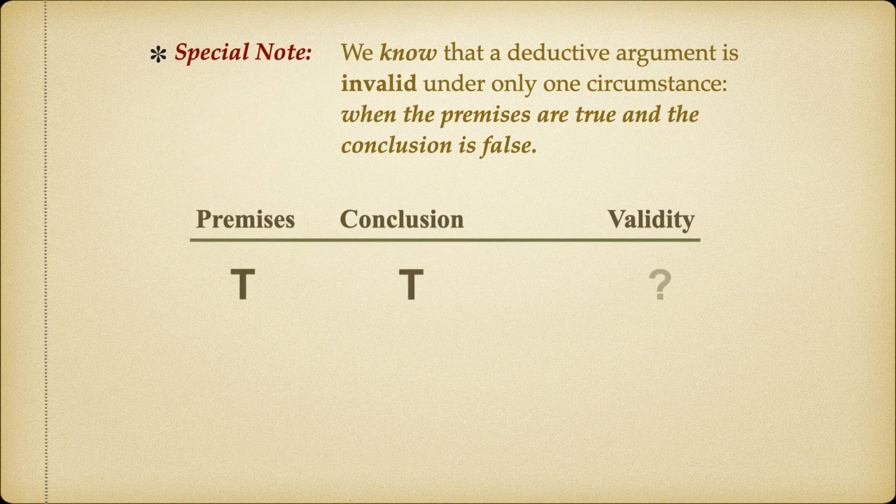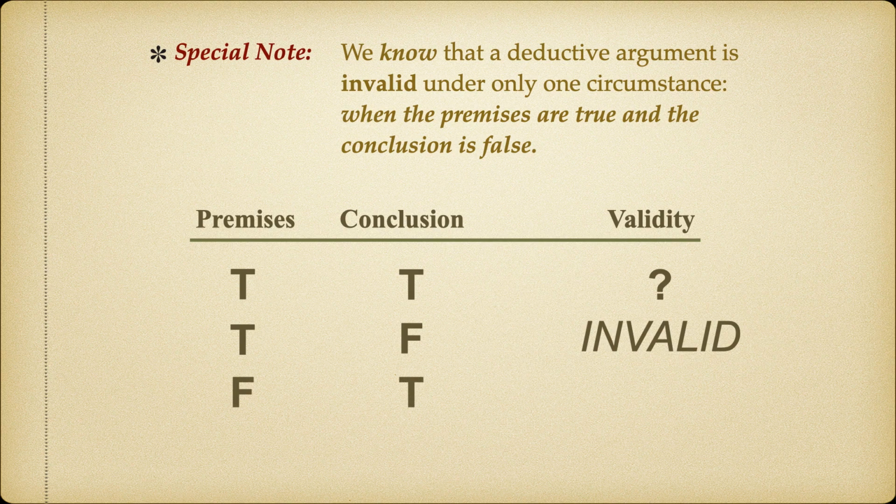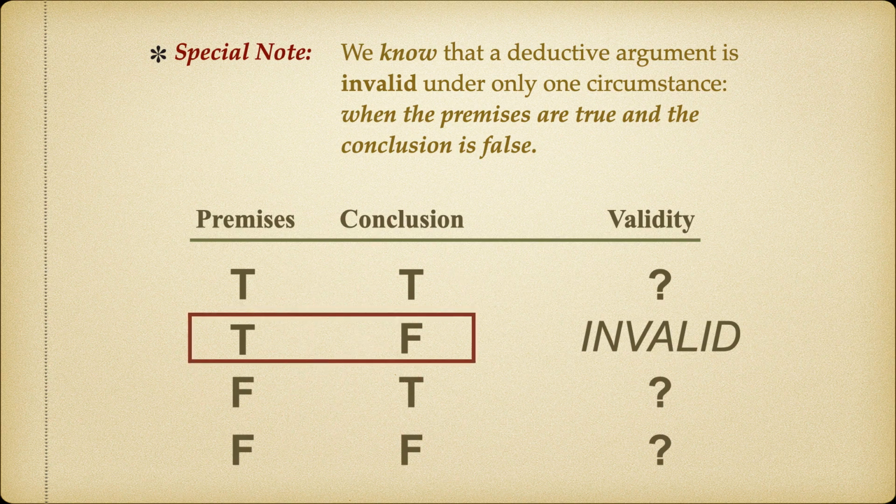In all other cases, to know whether or not an argument is valid or not requires us to learn the rules that apply to that particular game of deduction. But whenever we have true premises and a false conclusion, we will be absolutely certain that the argument is invalid.